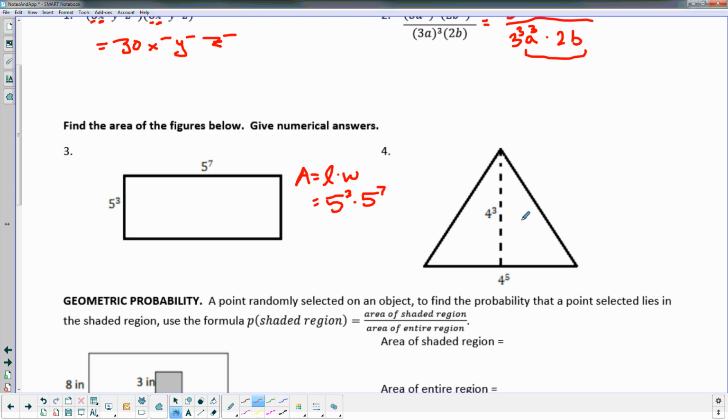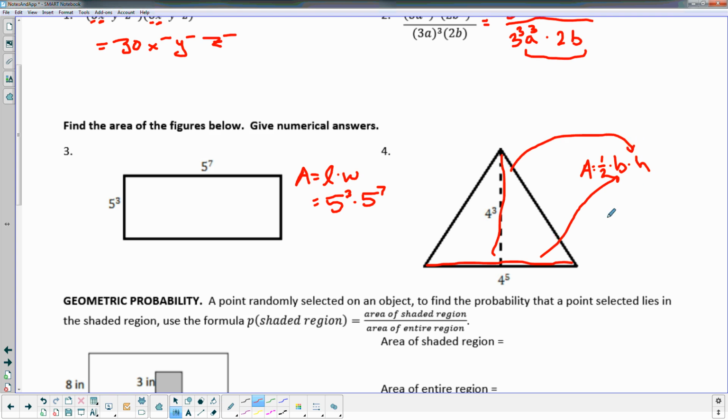The next one, we have the area of a triangle, so we have to go 1/2 times base times height. Where my base is here, and my height is perpendicular to it. Great line there, but that's going to be my height.